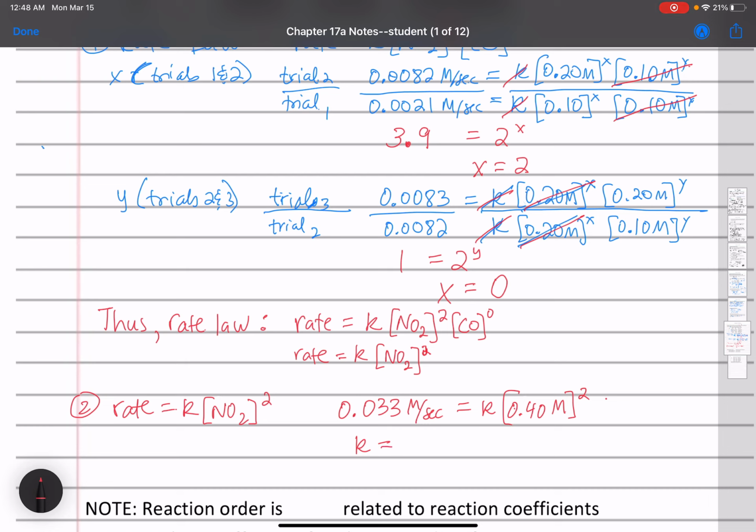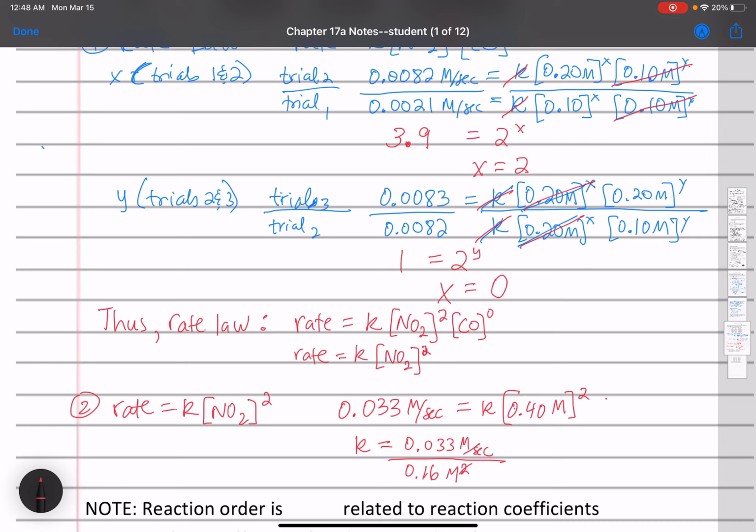and K equals 0.033 molarity per second divided by 0.4 molar squared, which is 0.16 molarity squared.